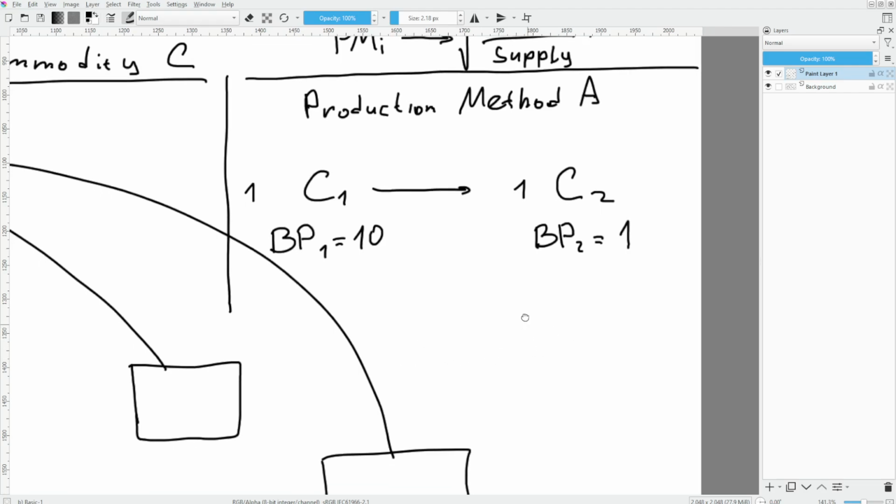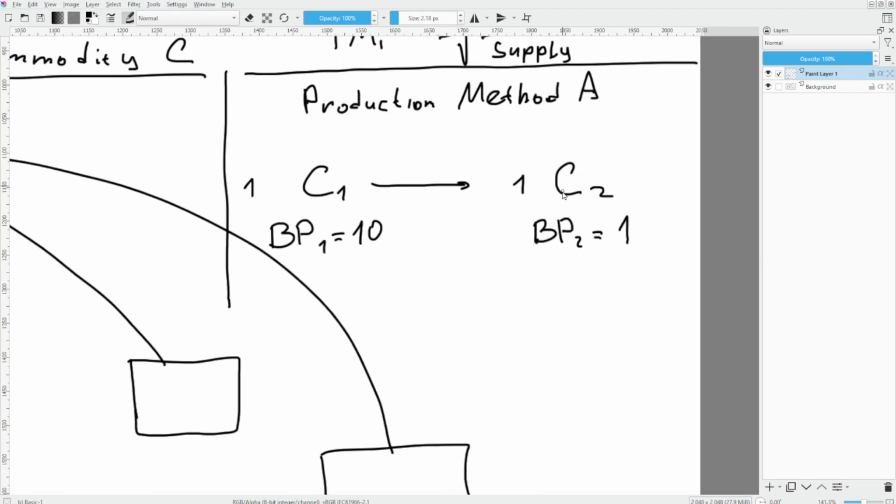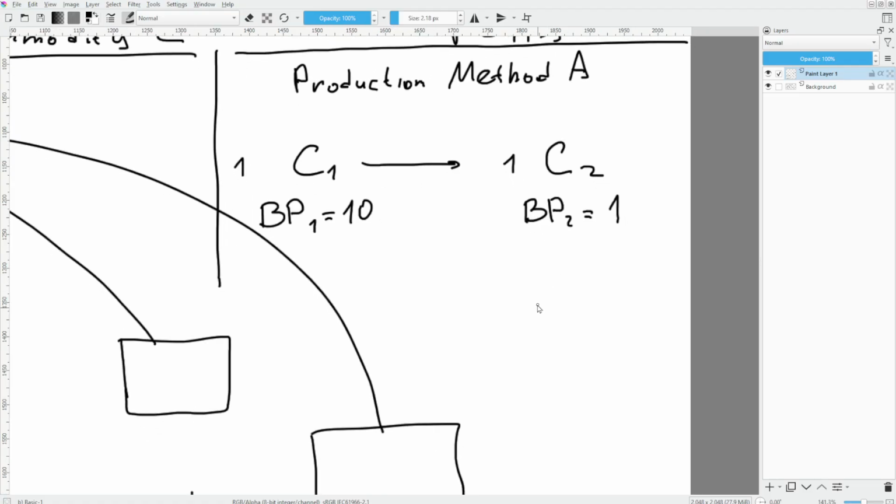But imagine if commodity 2 is actually in high demand. So it could be, for example, here we have demand 2 equal to, let's say, 10. And we have here supply 1 equal to 10.